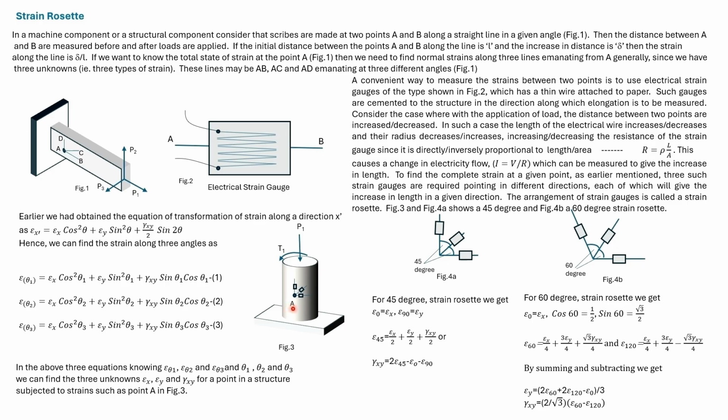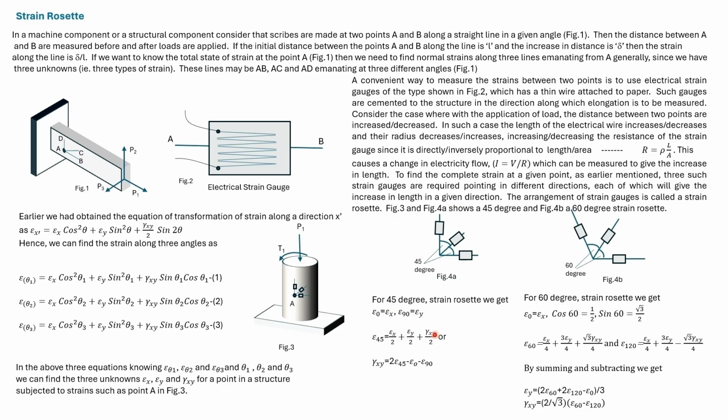This arrangement of strain gauges is known as strain rosette. This is a 45-degree rosette. This is a 60-degree rosette. For the 45-degree case, epsilon 0 is epsilon x, and epsilon 90 is epsilon y. So from the strain gauge readings, we already know two of the unknowns.